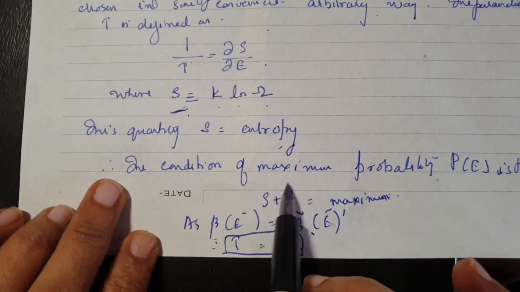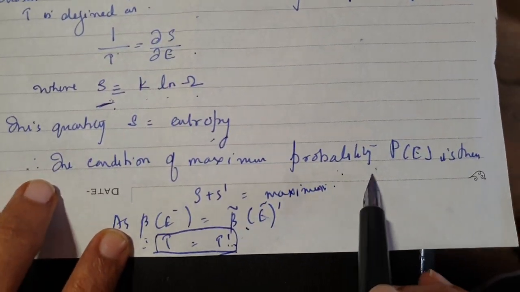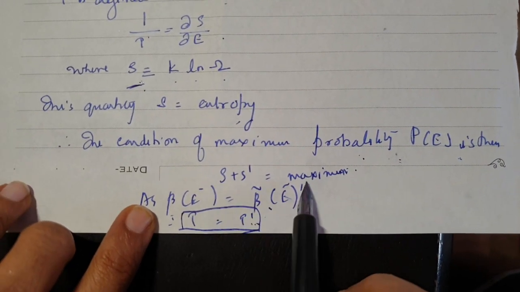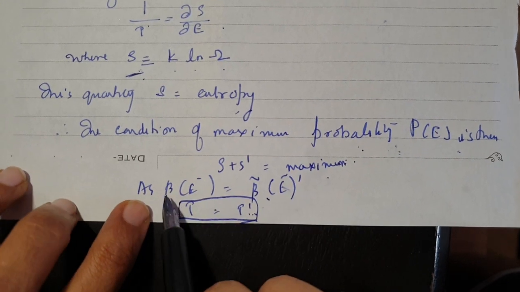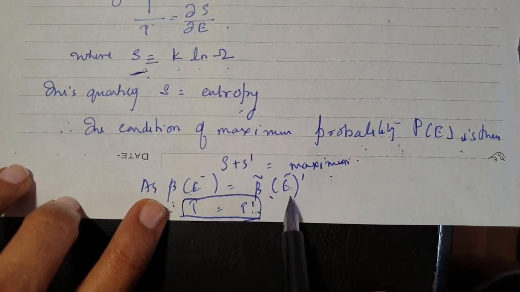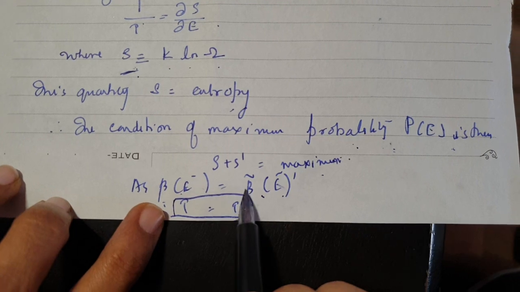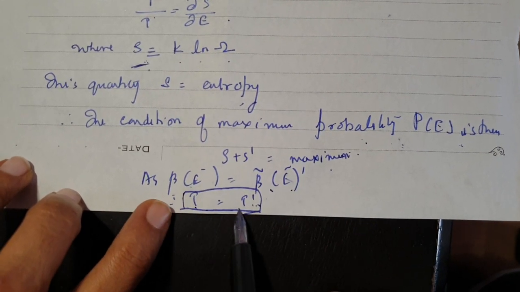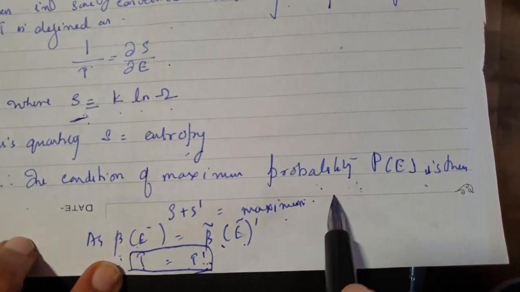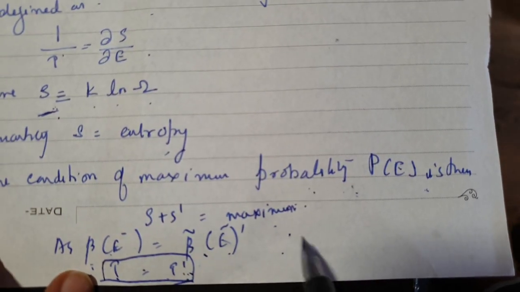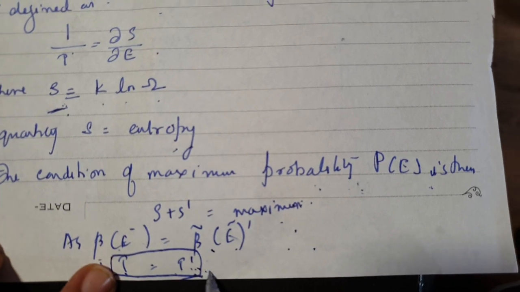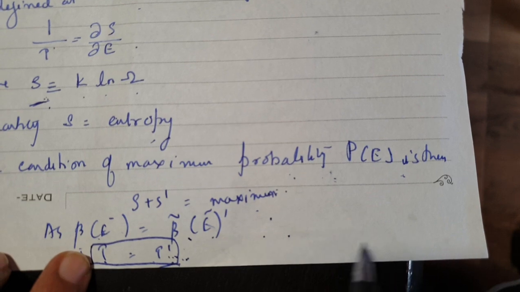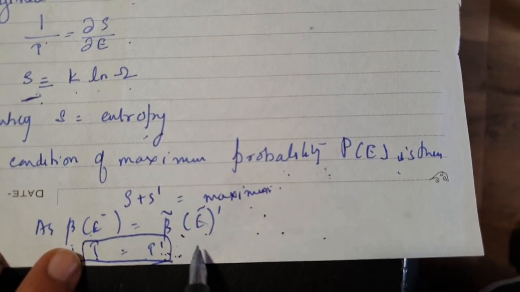Now, therefore, the condition for maximum probability is that S plus S dash has to be maximum. Because beta is equal to beta dash, therefore T is equal to T dash. What they are trying to say is that this defines temperature. When the temperatures are equal, the system comes to probability equilibrium.